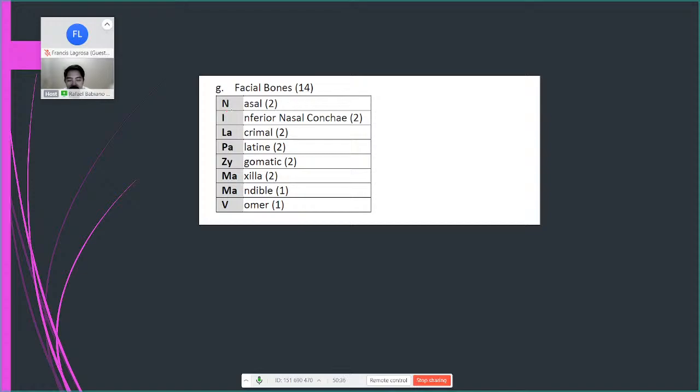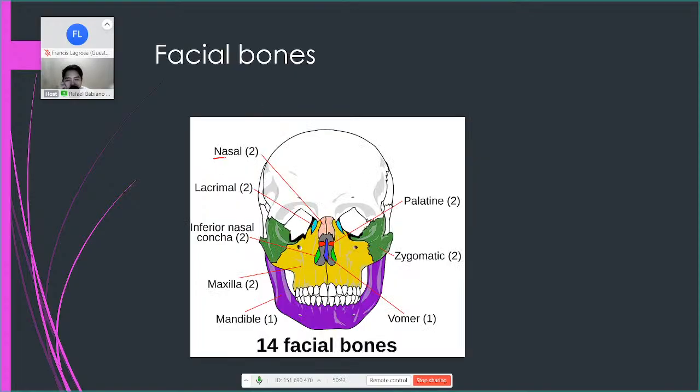So this is the code that I was used to using. Nilapa si Mama V. Every letter again has a corresponding bone. First, nasal. Okay, right here. Next, inferior nasal concha, right here. It's inside. You cannot see it. Inferior nasal concha. Lacrimal. Okay, lacrimal. It's right here. Then palatine.